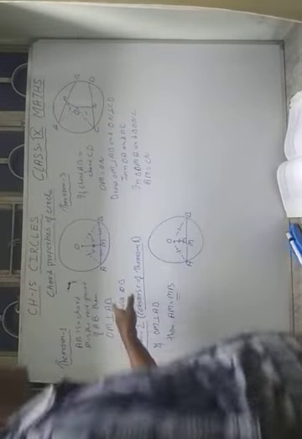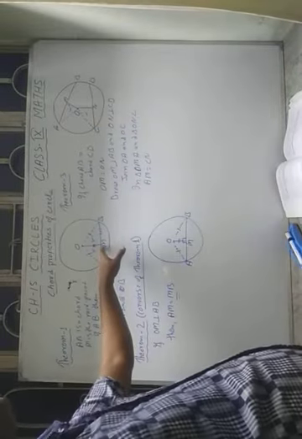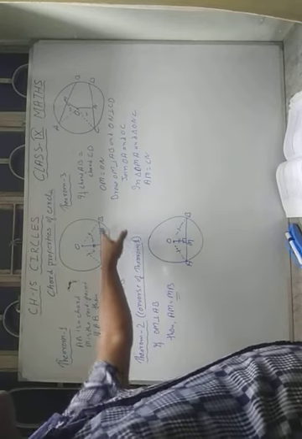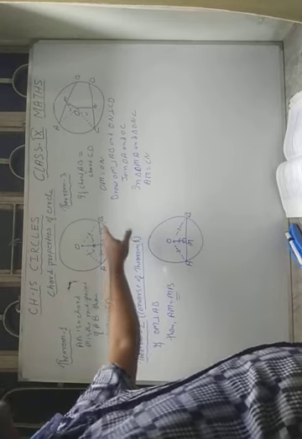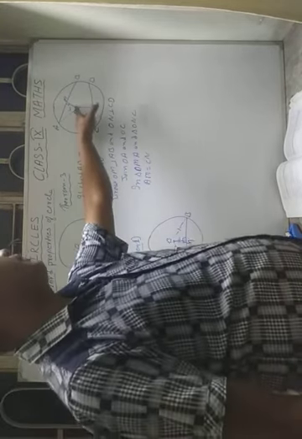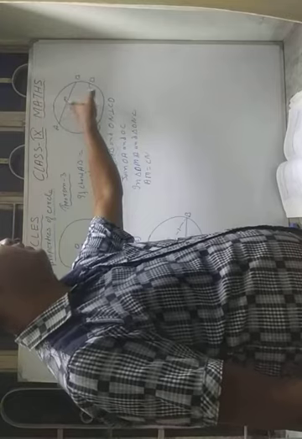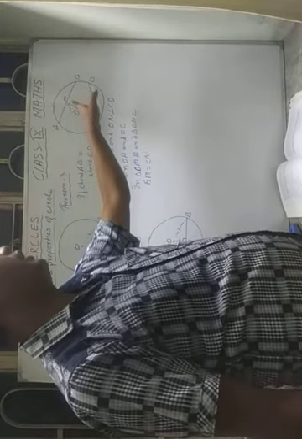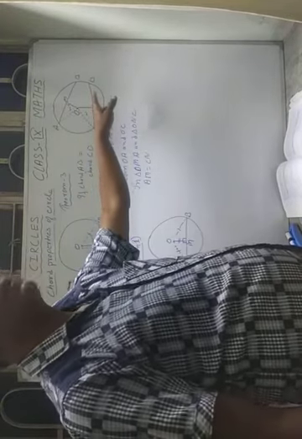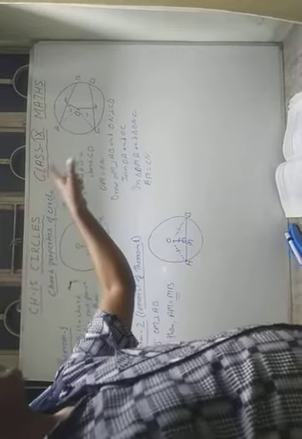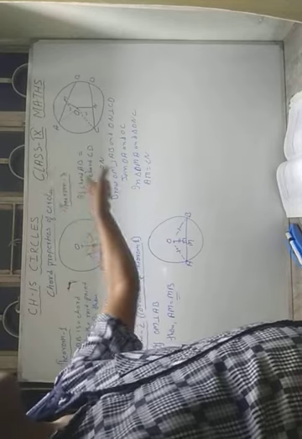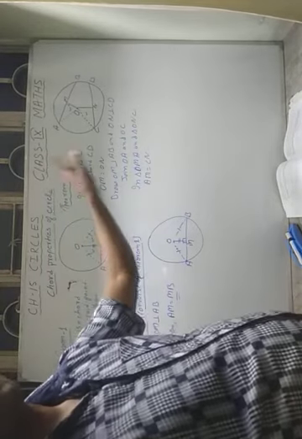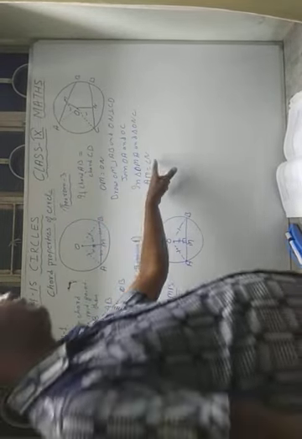Because from the first theorem, if a line drawn from the center of a circle is perpendicular to the chord, then it bisects the chord. Here also we have drawn perpendiculars to the chords. That means OM will bisect AB and ON will bisect CD. So AM is half of AB and CN is half of CD. Since AB and CD are equal, their halves are also equal. So we can write AM equals CN.